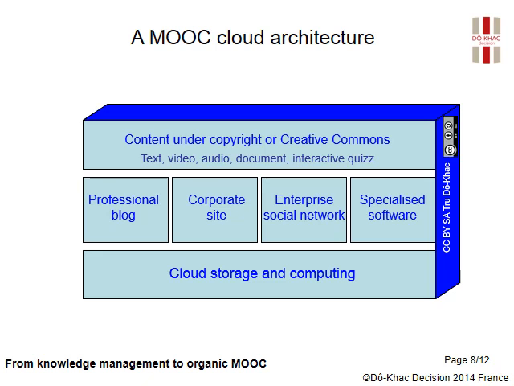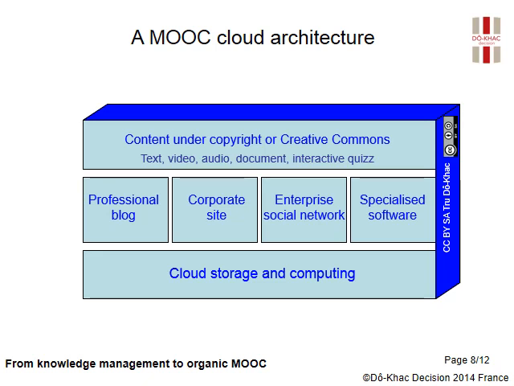The top layer is content and the copyright or Creative Commons. The bottom layer is computing and storage capabilities provided by the cloud. The middle layer contains the MOOC specific enablers: professional blog, enterprise site, social network, or specialized application.